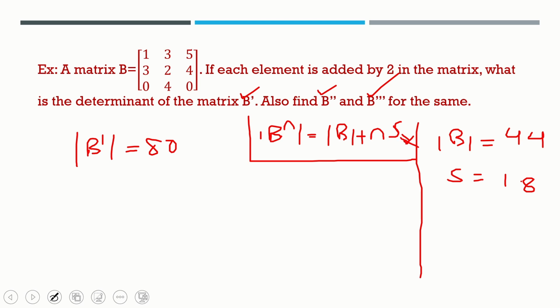So let me do one thing. This x into x is what? 18 into 2, 36. Okay, I'm just doing this part now.